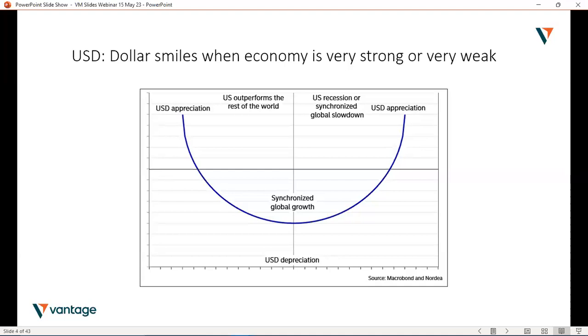And a more protracted slump that spills over into the rest of the world could push markets to the left-hand side of this chart and make the dollar smile again. That's probably not the base case for most, but just something to bear in mind, a simple way of thinking about dollar strength.